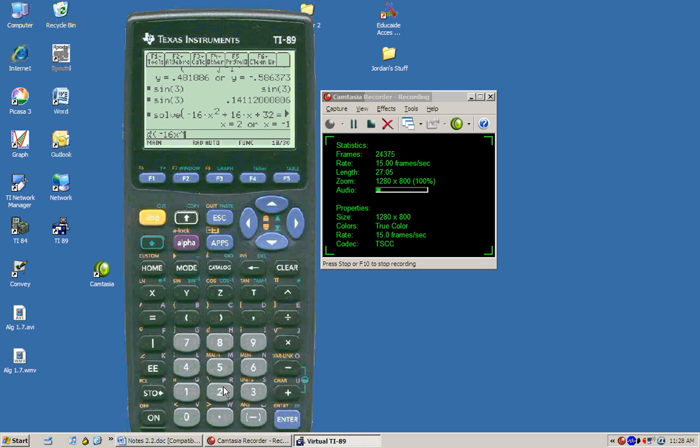All right, so negative 16x squared plus 16x plus 32. You still have to tell it take the derivative with respect to what variable. So you still have to do the comma x before you close the parenthesis.